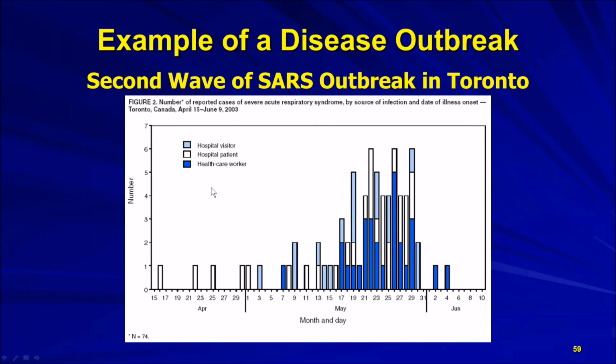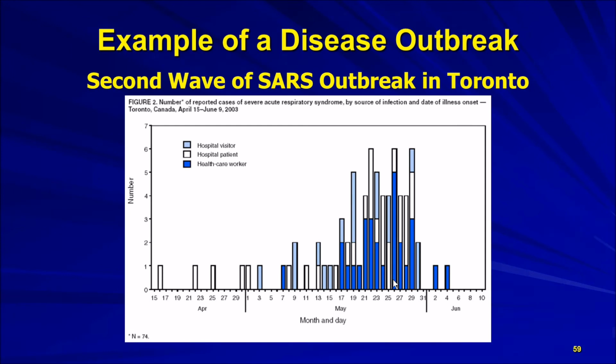And you can see who got it: healthcare workers, hospital patients, and hospital visitors. If we were looking at person and place and time, it's talking about April 15th through June 9th, but this is the main area that we're going to concentrate on in terms of SARS, and you know that to be a severe acute respiratory syndrome, and it is a serious form of pneumonia, right?